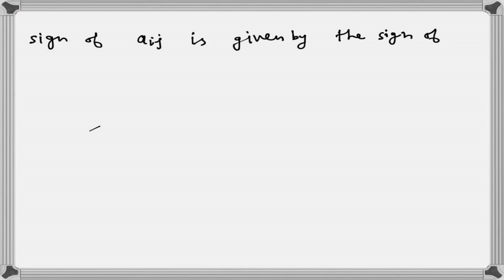The sign of aij is given by the sign of -1 to the power i plus j. So if i plus j is an odd number, then there will be a negative sign, otherwise it will be a positive sign.